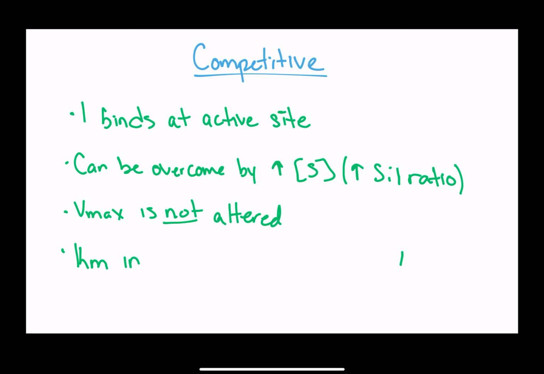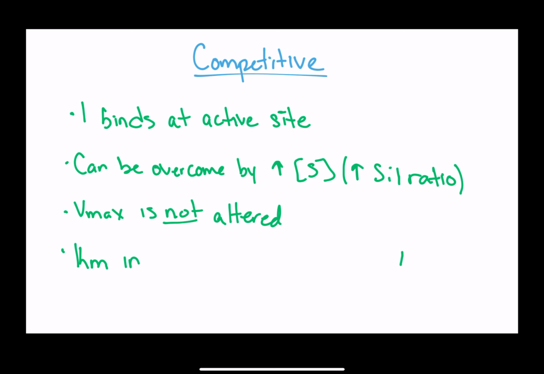And this is because the substrate concentration has to be higher to reach half of the maximum velocity, because you need to increase that amount to outcompete the inhibitor, right?